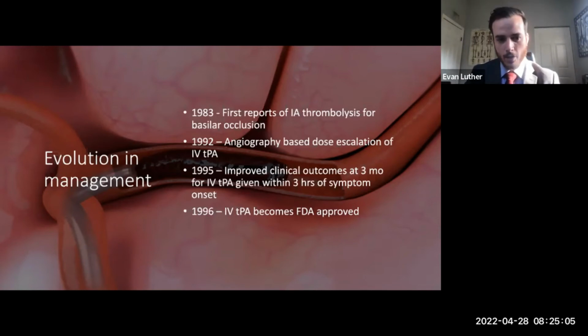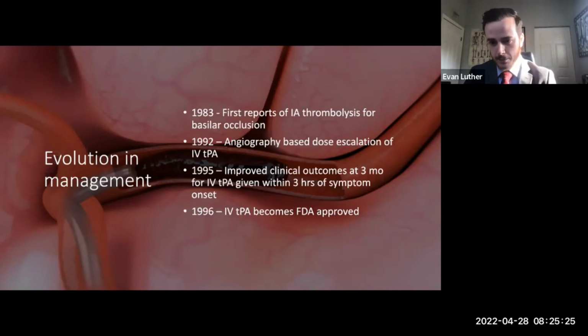The next iteration was in 1992, when they began doing what they called angiography-based dose escalation of IV TPA. They actually parked a catheter in these patients and delivered IV TPA, and then did serial injections of the carotid to see if the occlusions improved.